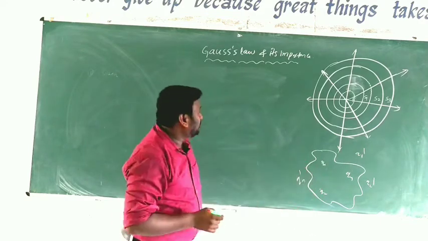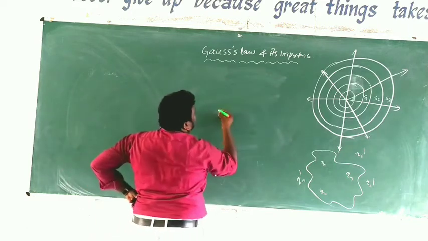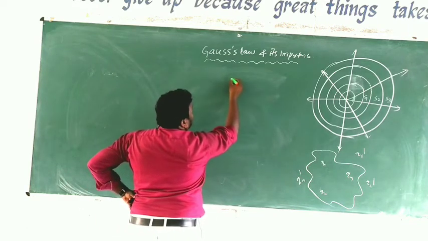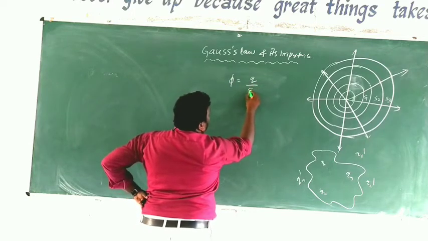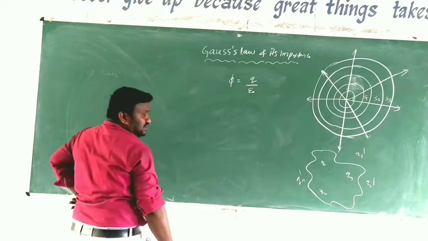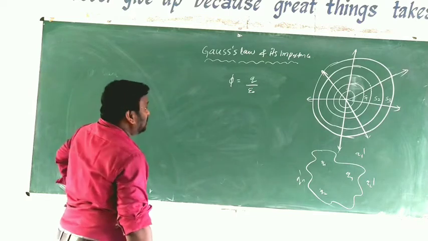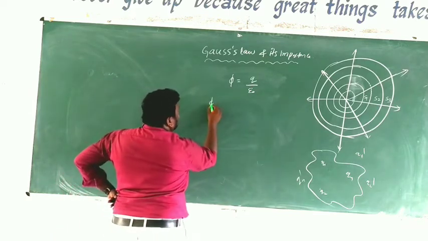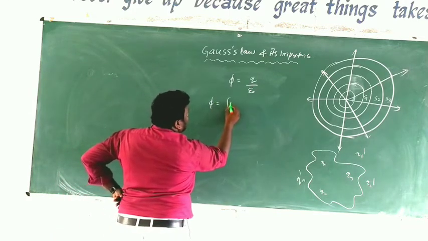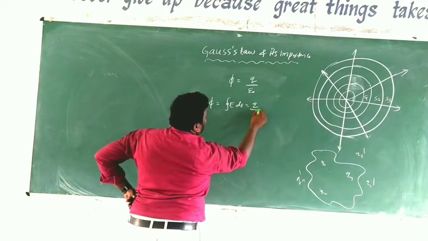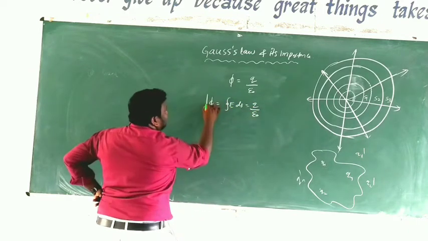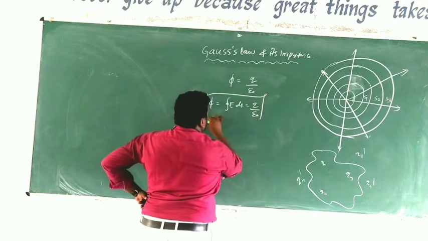So now here, Gauss law is nothing but phi is equals to q by epsilon naught. Phi is also written like this: closed integral E dot ds is equals to q by epsilon naught. This is called the Gauss law.